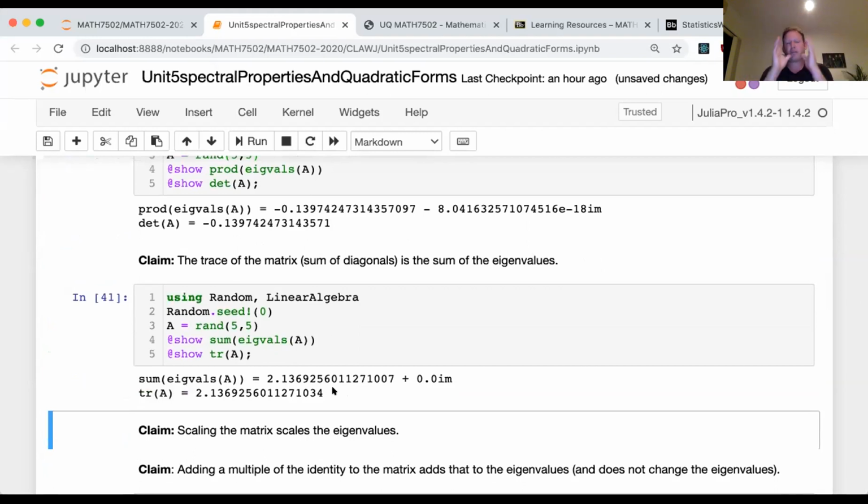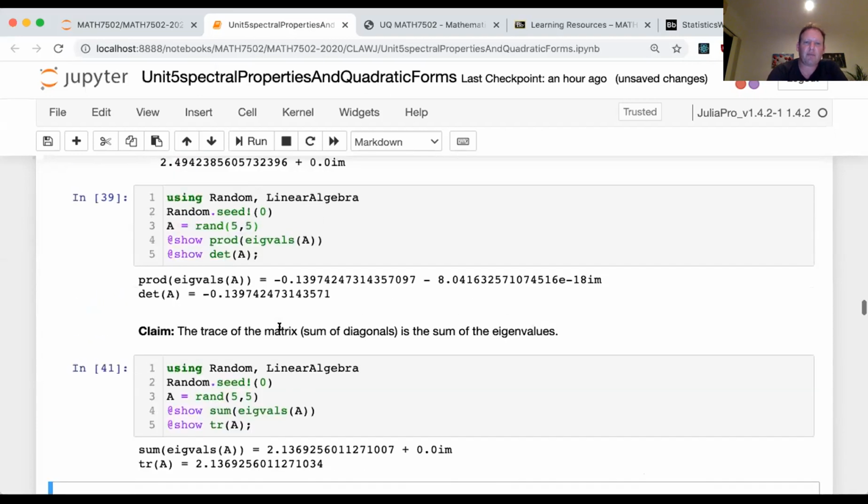So if you think about it, for a 2 by 2 matrix, instead of taking A minus lambda I and computing the characteristic polynomial, you can sum up the two diagonal elements, and that'll be the sum of the two eigenvalues, and then compute the determinant, and that'll be the product.